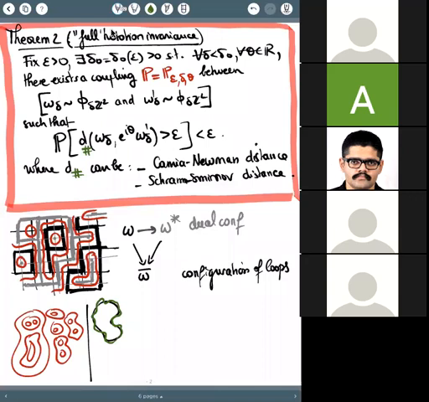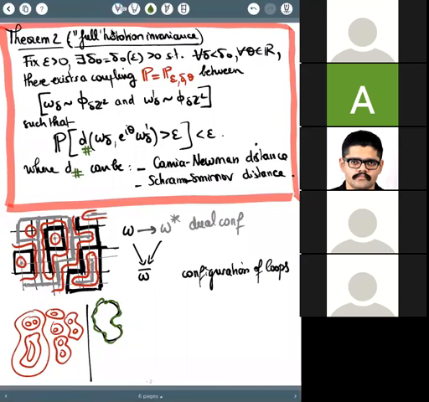You remember, I mentioned last week that there is no infinite cluster. As a consequence, all loops are closed. In fact, even when there is an infinite cluster, if you know a little bit about Bernoulli percolation, the dual configuration will not have an infinite cluster.